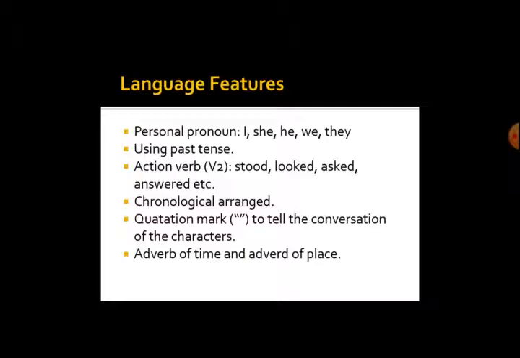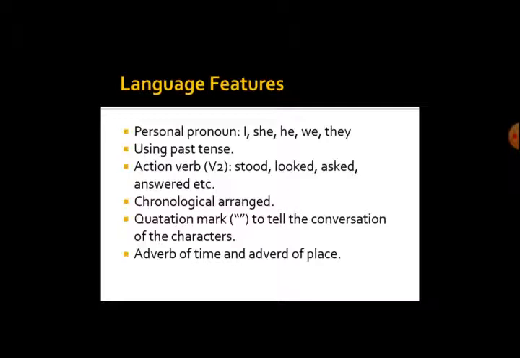Second, spoof text is use past tense because it is a story that happened in the past, so it use past tense.